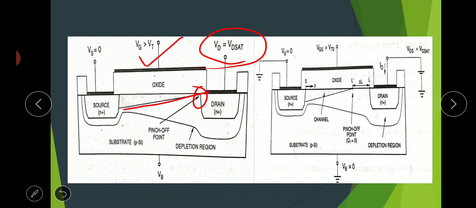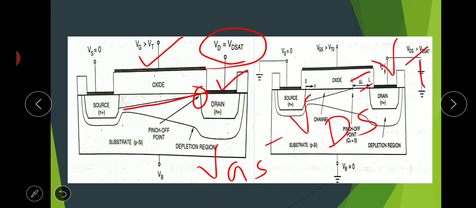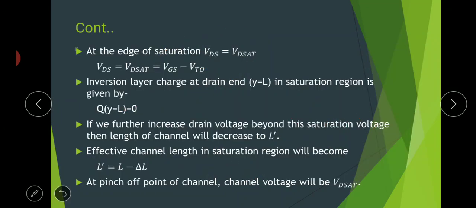The difference between the gate terminal and drain terminal is equal to VT0, meaning VGS minus VDS equal to VT0. So here the VDS value is equal to VDSAT equal to VGS minus VT0.